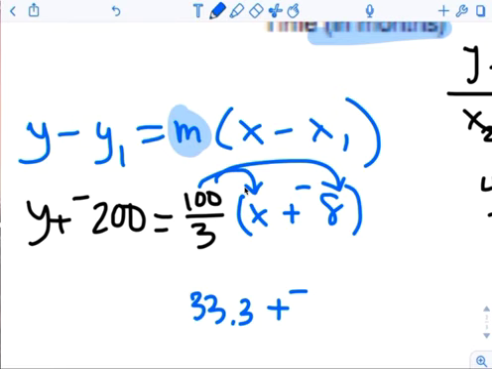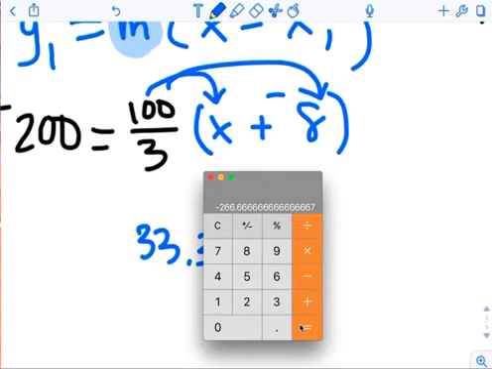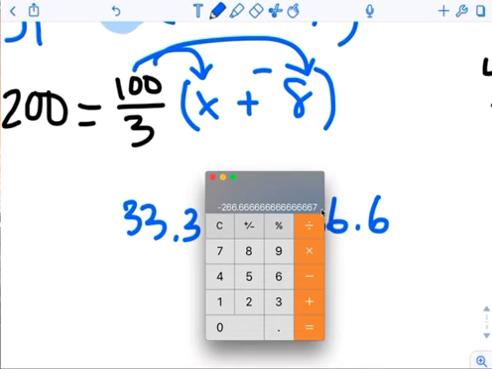And multiply that, 100 divided by 3 times negative 8 equals, that's what I get, 266.6 repeating. Notice at the very end they round it to 7. See this here? So you round yours to 7 like that, to the nearest hundredth. It's always good like that.